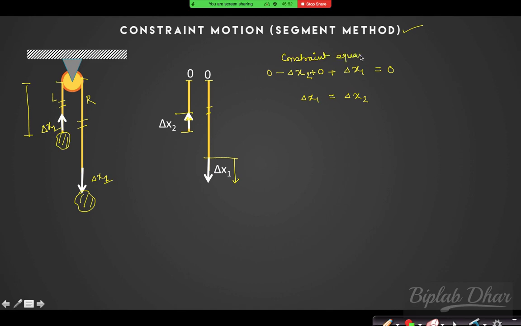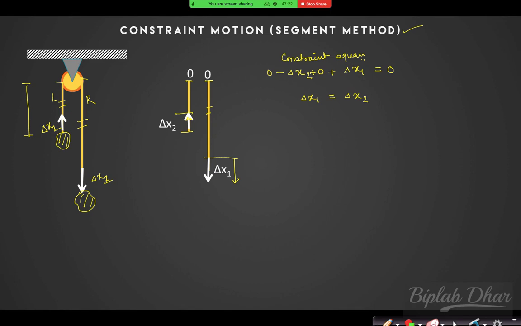For the left segment, by delta x2, are you going to increase that segment length or decrease that segment length? Decrease. That is why I have put a negative sign for that. For the right segment, if you pull it by delta x1, you are going to increase that length or decrease that length?